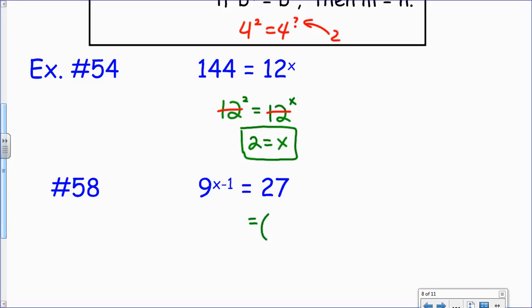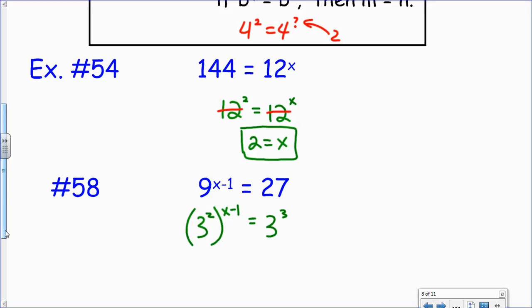So this is 3 to the 3rd. And then 9 is 3 to what power? 2nd. Okay? So it's 3 squared, but then I still have this x minus 1 out here. So I just wrote 9 as 3 squared.